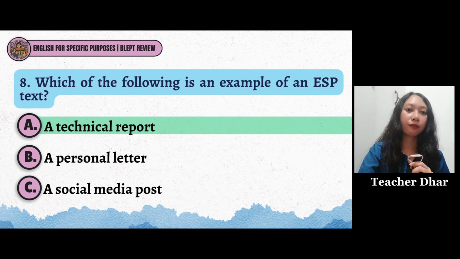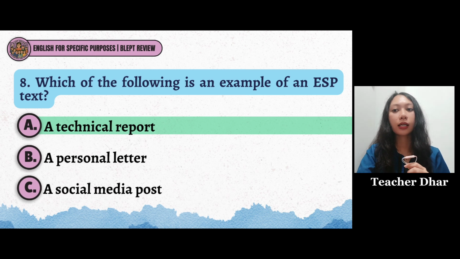It is an example of ESP text because it is a specialized text that requires specific vocabulary, terminology, and language structures. It is also written for a specific audience such as experts and professionals in a particular field, and it has a specific purpose such as to convey technical information, present research findings, or propose solutions.